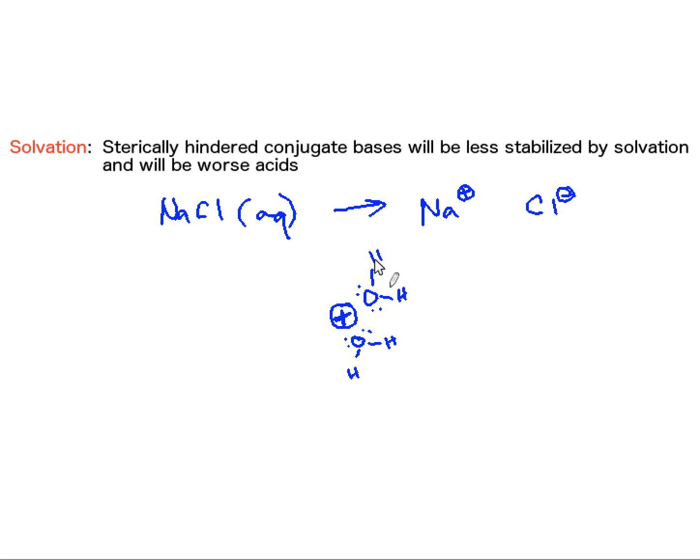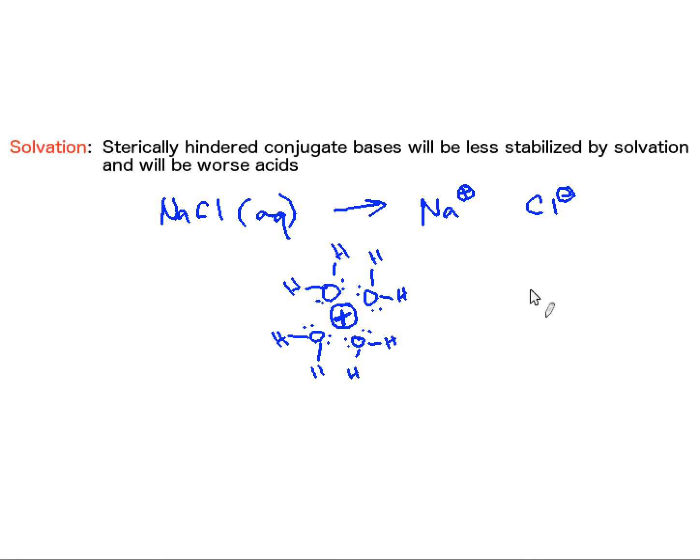In this case, I'm orienting the oxygen, the partial negative charge on that oxygen, towards the positive charge of my ion. And what we've done is really spread apart the positive charge of our ion and shared it with the solvent.